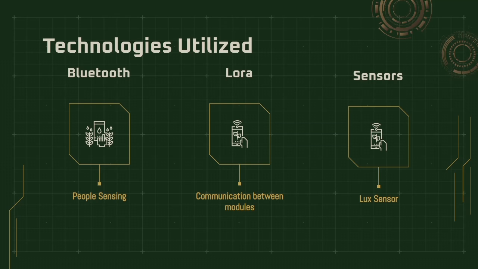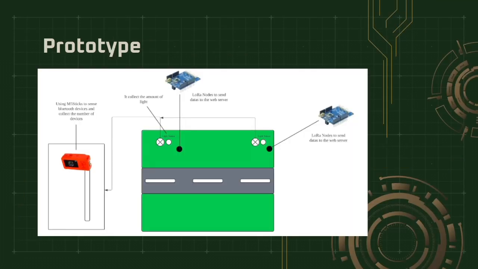As for communication between modules, due to the long-range nature of streetlights being maybe more than 15 or even 20 meters apart, and making sure they can communicate through this distance, we are using LoRa, and we have a few implementations of LoRa in this network. We are also utilizing sensors such as a lux sensor to see if there's light in the area or not, for adaptive dimming and lighting.